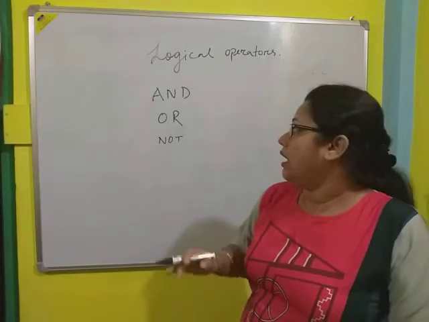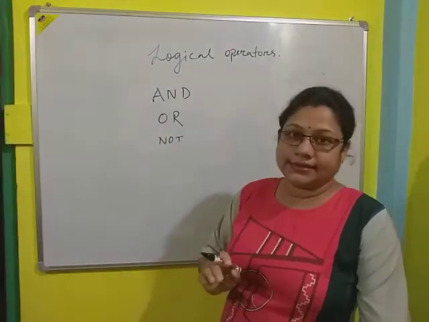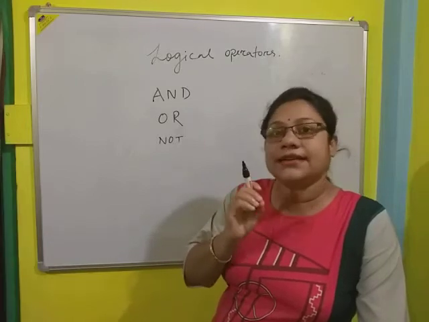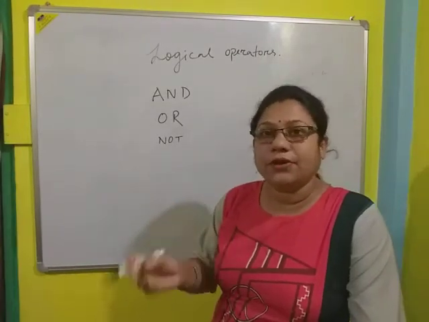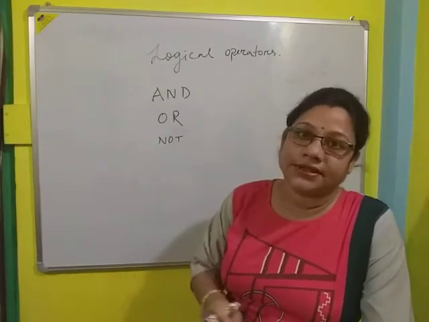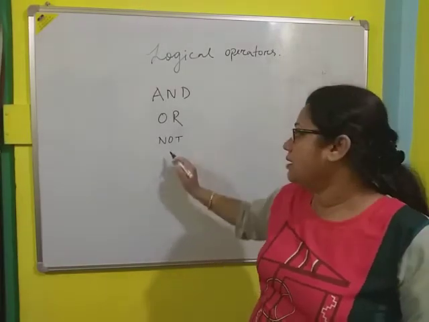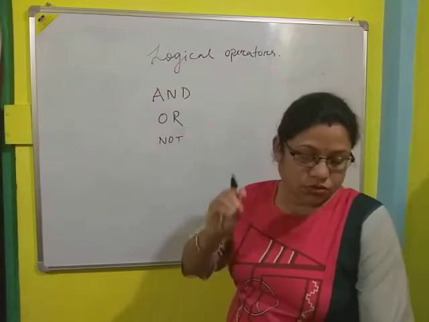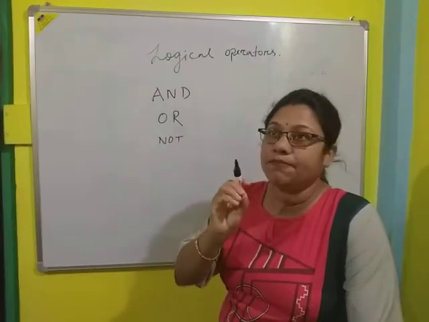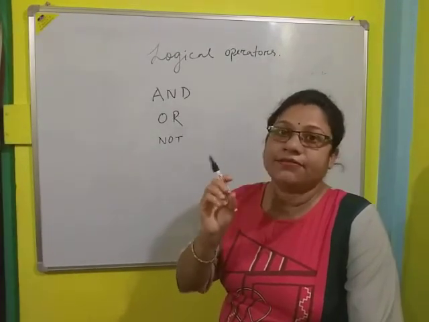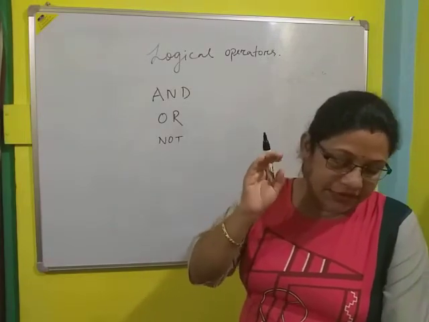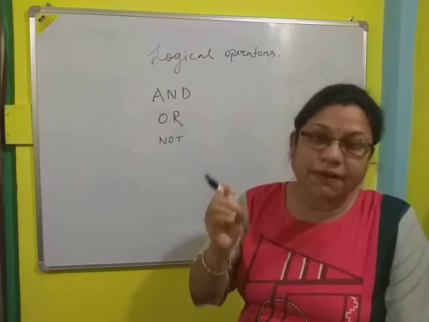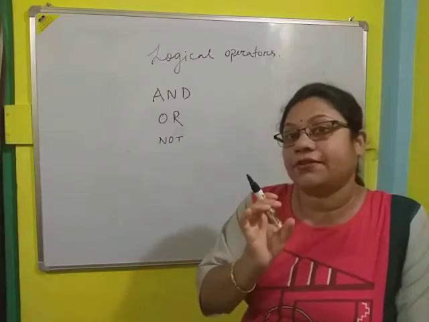In the OR operator, if one of the conditions is satisfied, then it will display the result. The NOT operator is used to negate the value. That means it will display only those records that do not satisfy the specific condition.